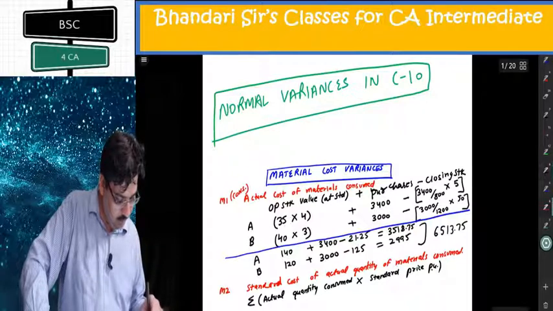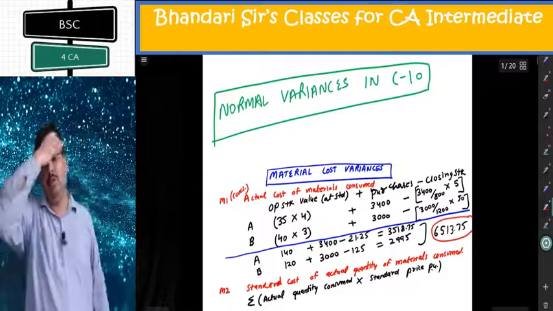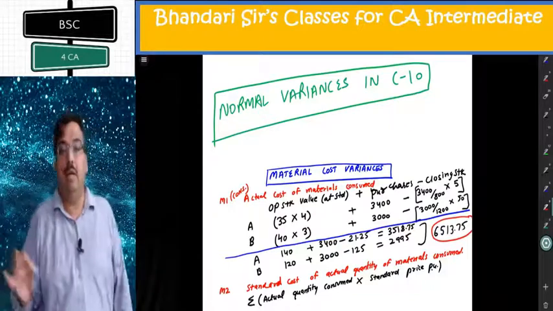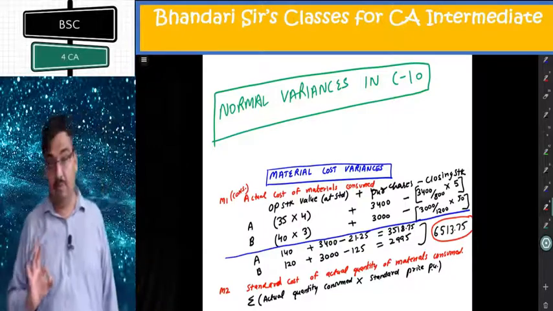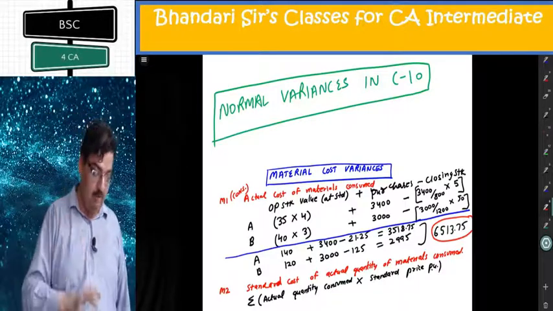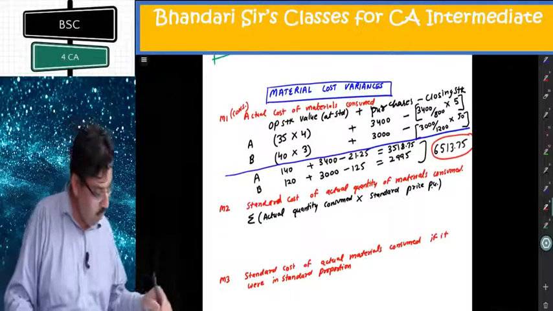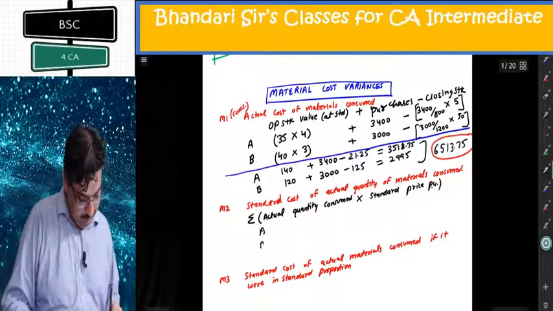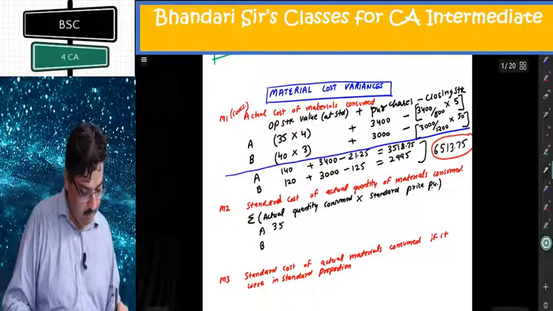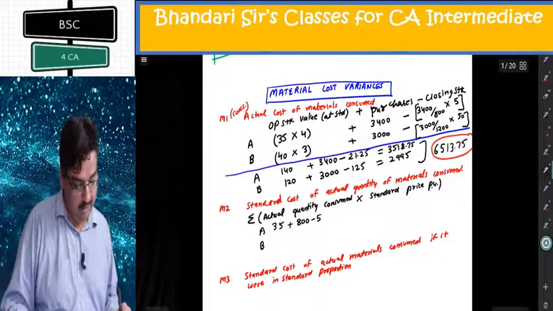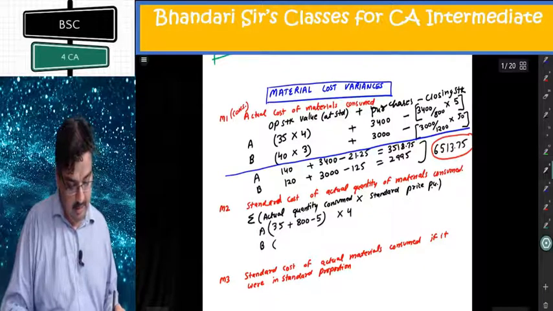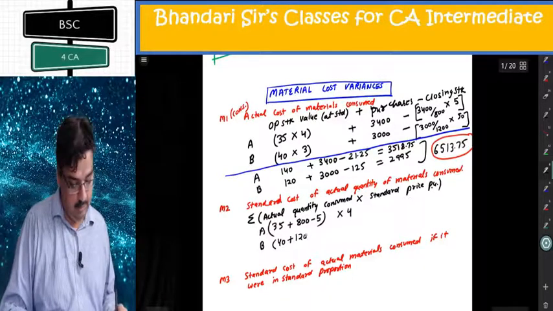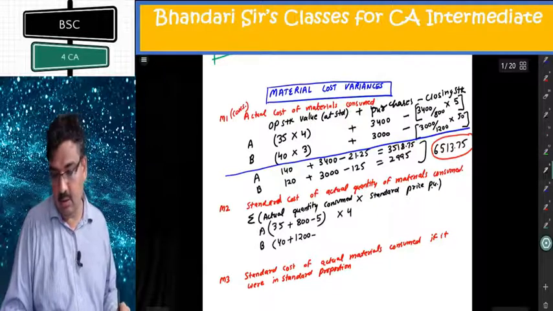6513.75. This is the important part of this question. The most important part in material price variances when stock is given: this is MPV at the time of consumption for that M1 consumption. M2 consumption is very simple. For A and B, get quantity consumed: 35 plus 800 minus 5, and 40 plus 1200 minus the closing stock 50.